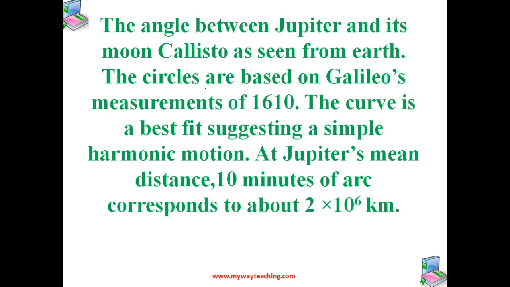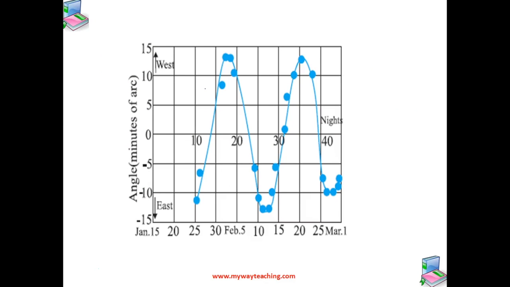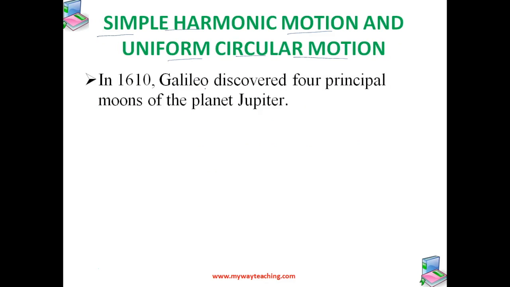So you can consider a very simple experiment. As you can see in this figure, you can visualize this. You just tie a ball to the end of the string and make it move in a horizontal plane about a fixed point with constant angular speed.